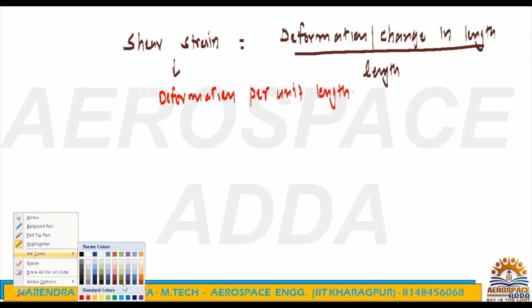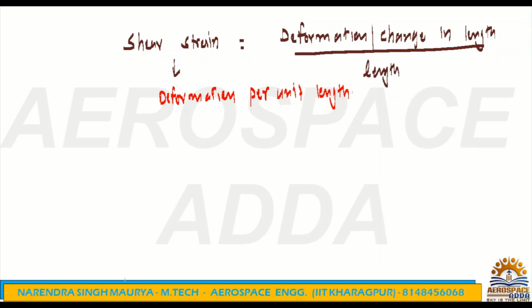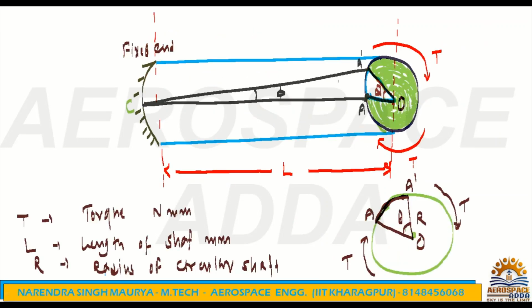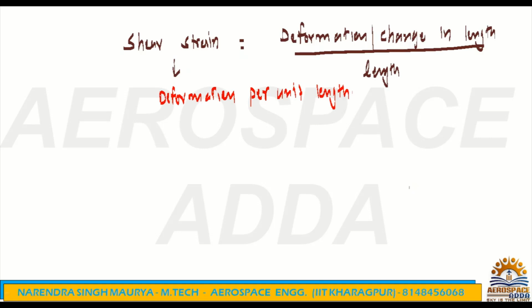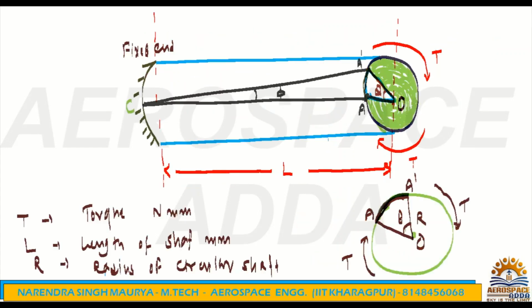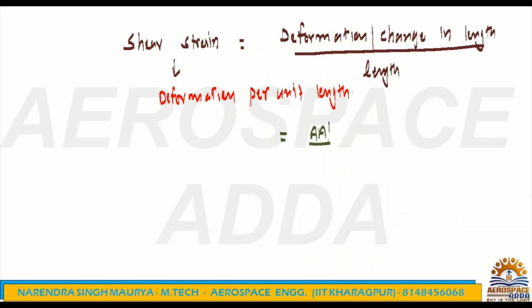What is the deformation you are getting here? I told you, the angular deformation we have is A to A dash, because of the torque. So it's A A dash divided by the total length. For what length did this change occur? It was the total length capital L. So AA dash by L is the shear strain.